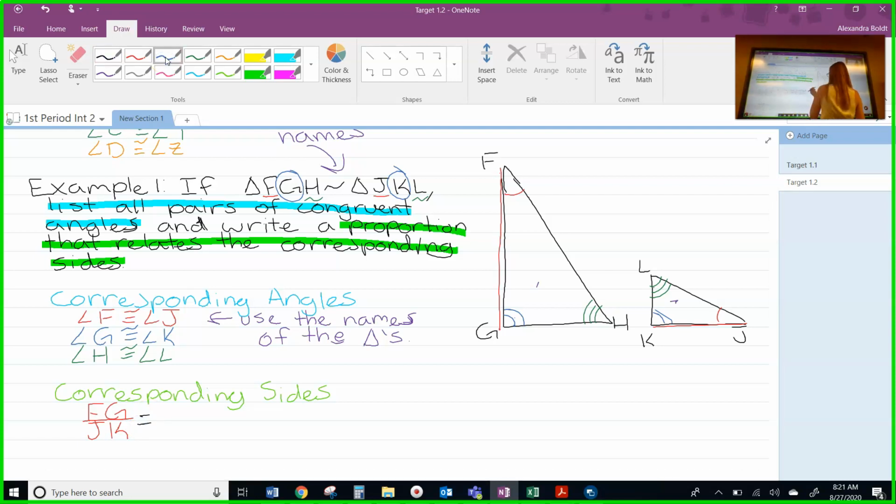And then just continue along. I'm going from blue to green, GH. And then I'm going from K to L, or blue to green.